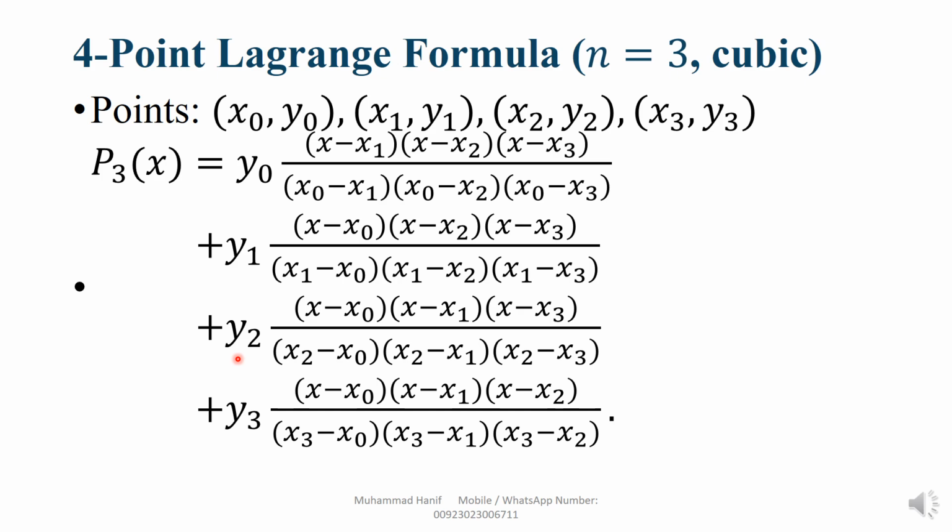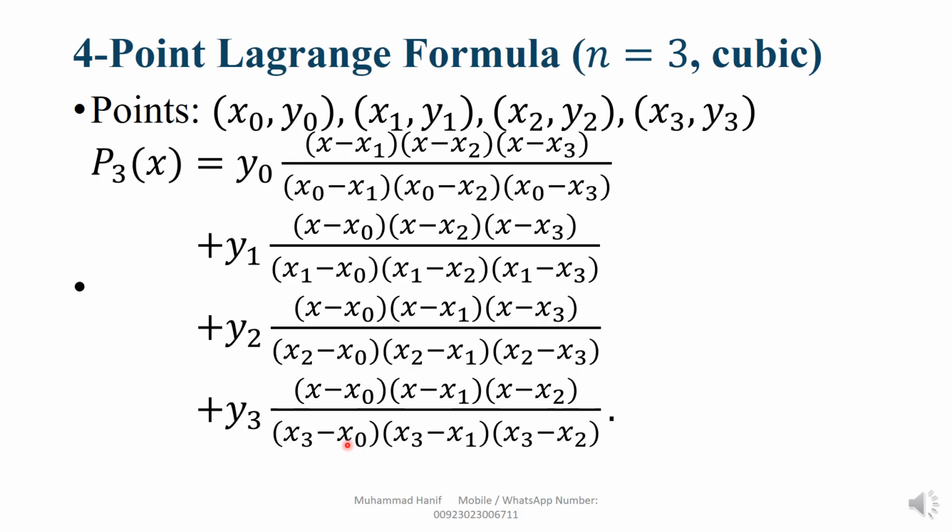After this point, we write plus sign, then y3. Here is given x3. x3 minus x naught, same process. x3 minus x1, then x3 minus x2. You write same here.